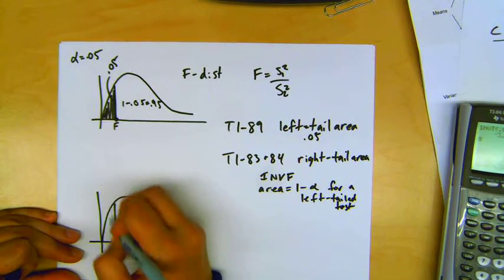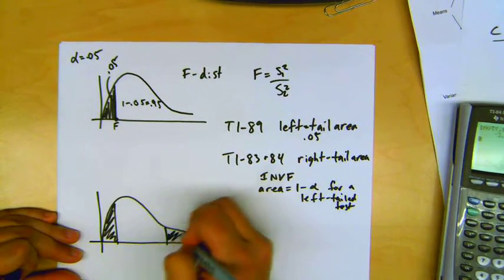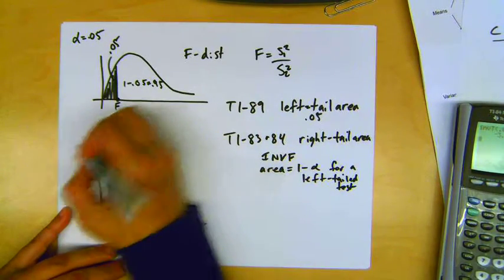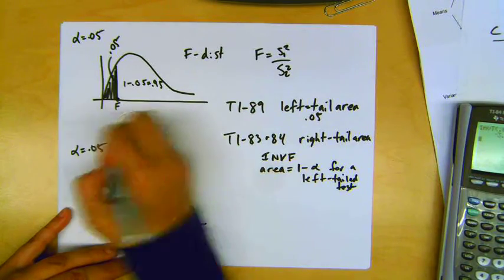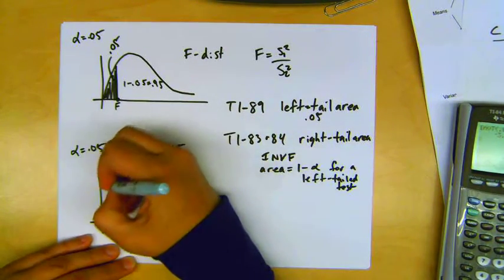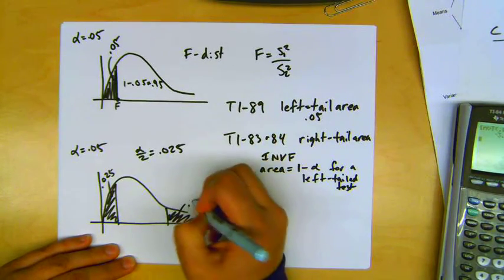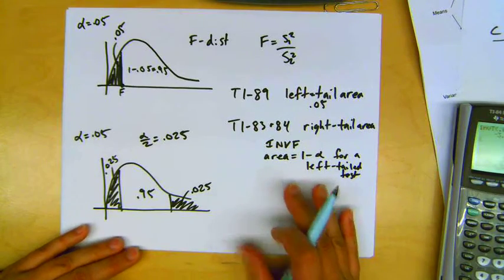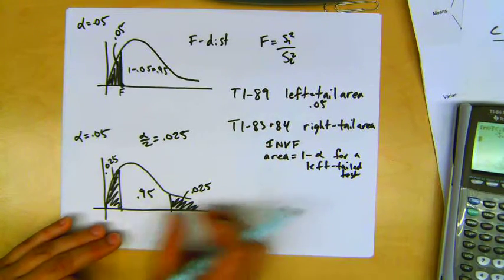If you're doing a two-tailed test, alpha has to be split up into both of those pieces. So alpha divided by 2 would be 0.025. So you still have 0.025 in each of the tails and 0.95 in the middle. But your calculator doesn't want the middle.